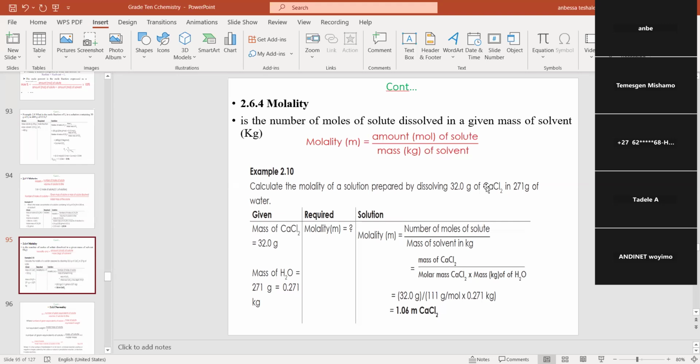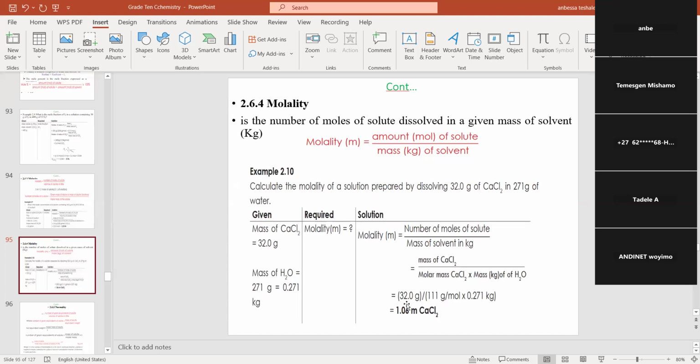So we'll get a mole, and 271 gram must be converted to kilogram. So 1 kilogram is equal to 1000 gram. So 271 divided by 1000 gives a kilogram of a solvent.